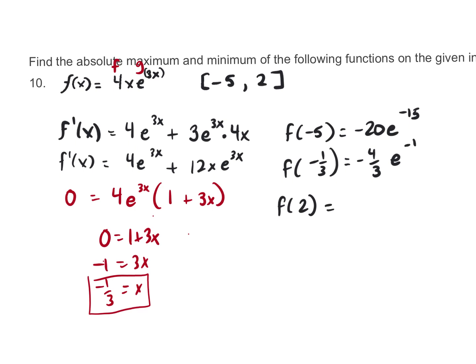And then 2 is going to be 4 times 2, which is 8, e to the 24. 3 times 2 is definitely 6. So the max is very evident. There's only one that's positive. So the max of this function is 8e to the 6, and it occurs at x equal to 2 on the interval -5 to 2.